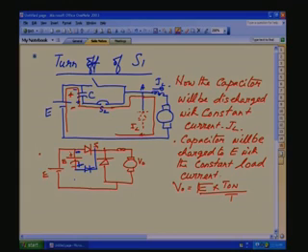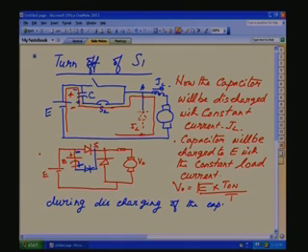That means during this discharging of the capacitor with constant load current, the discharge period, that is until it is completely discharged to 0, should be more than the T off minimum of the thyristor.